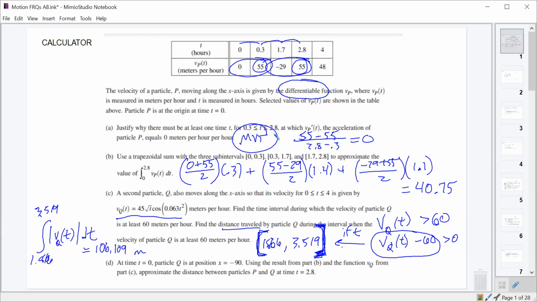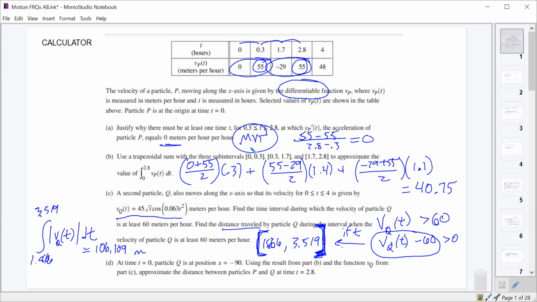Somebody asked me about why I use the mean value theorem again in part A. For part A, I use the mean value theorem because it's asking why the derivative of something must equal a certain value. The only way we've ever talked about why a derivative must be a specific value is using the mean value theorem, where the average rate of change on the interval has to equal the instantaneous rate of change, or the derivative, somewhere on the interval.